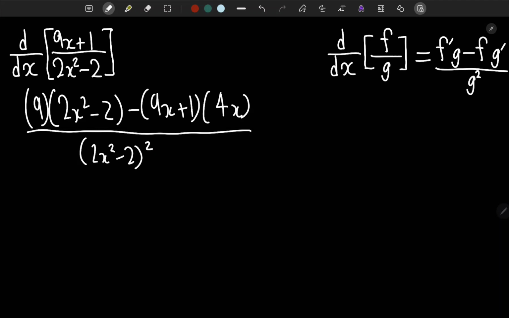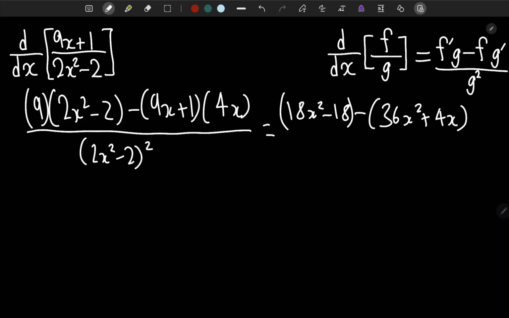Now we can multiply and simplify this, so it's going to be 18x squared minus 18 minus, open brackets, 9 times 4 is 36, x squared plus 4x, over the same thing, 2x squared minus 2 squared.